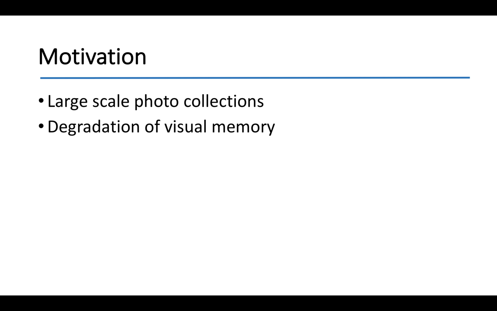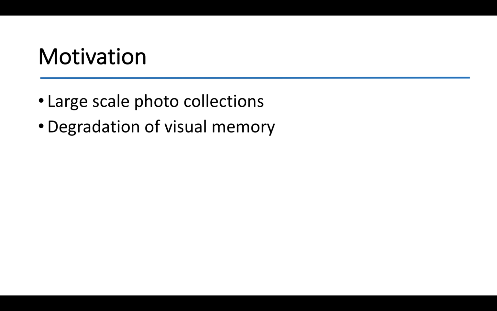So, why did I choose this project? Although human long-term visual memory can store a large amount of visual information, it tends to degrade over time. Recent works have shown that image memorability is an intrinsic property of an image that can be reliably estimated using state-of-the-art image features and machine learning algorithms.